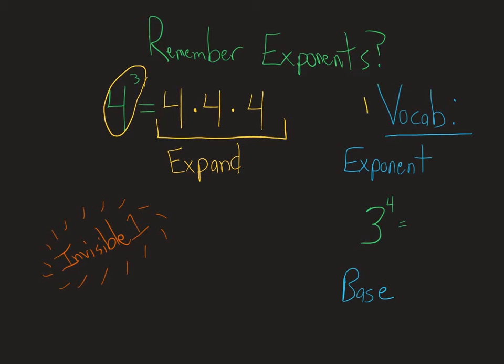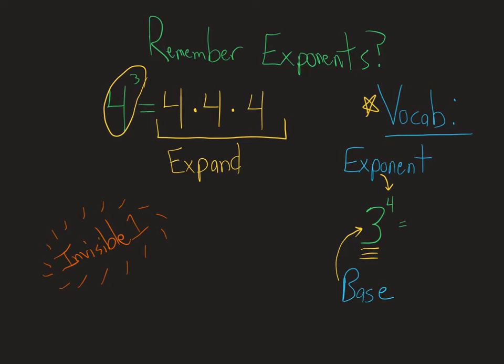So in terms of vocab, let's see what we're talking about here. This number is your base. 3 is the base on this problem. And notice these are two different problems, the original one I just wrote and this vocab one on the right. This 3 is your base. This upper number, the 4, is the exponent on this problem.